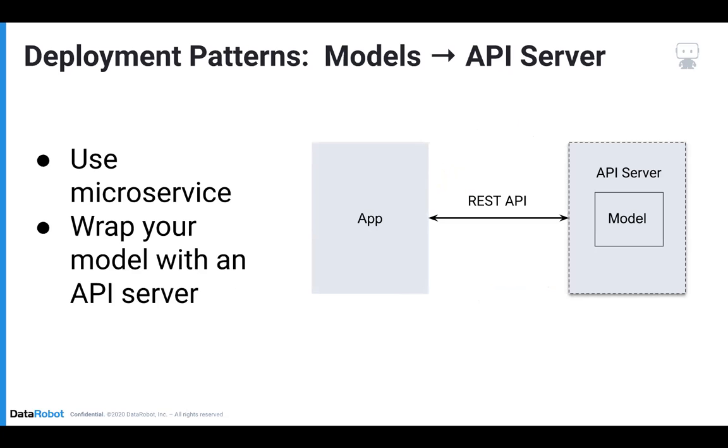We'll separate out the application from the model. And what this means is if I update the app, I can update the application separately from updating the model. So if I need to update the app every week, it's okay. If I need to update the model, I can update the model at different times, and we can keep that independent.